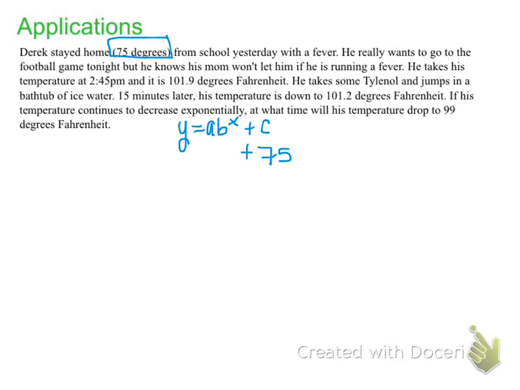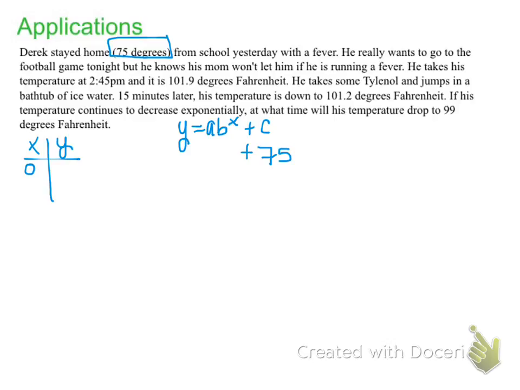And in order to do so, we're going to make a table to organize our values, where x ends up being the time and y is your degree difference from that baseline of 75. So at 0, which is our starting temperature, the mom takes the temperature of 101.9 degrees.